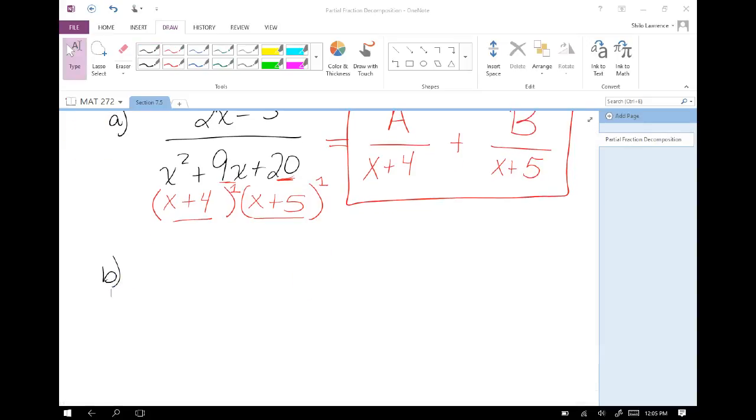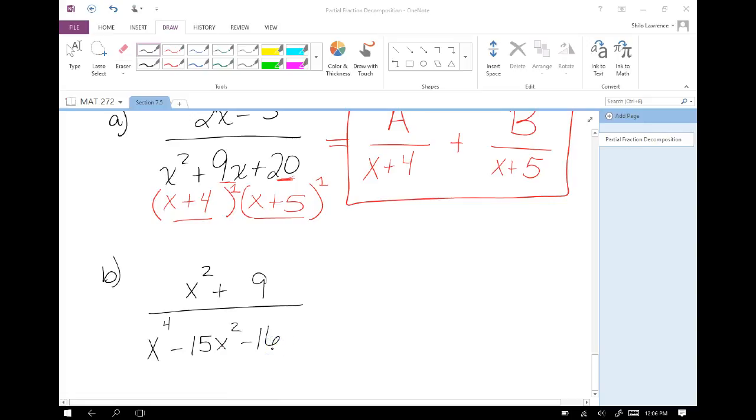So for the next one, we are going to do x to the 4th minus, let's say, 15x squared minus 16.